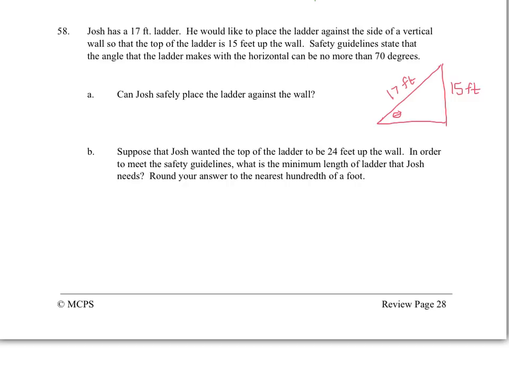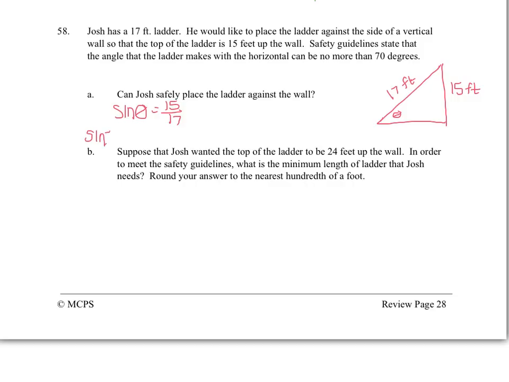Well, we need to find out what that angle is. Since I'm given the opposite of the angle and the hypotenuse, I'm going to use sine. So the sine of theta is going to equal 15 over 17. We need to solve for theta, and we can't just divide because we're taking the sine of that angle. So the way to get rid of the sine of that angle so that we just have that angle is to do the inverse.